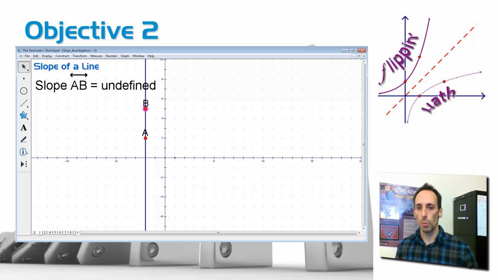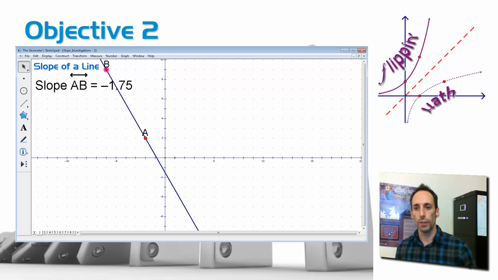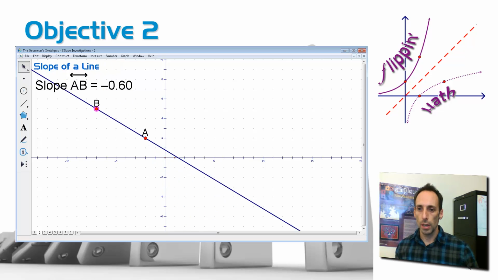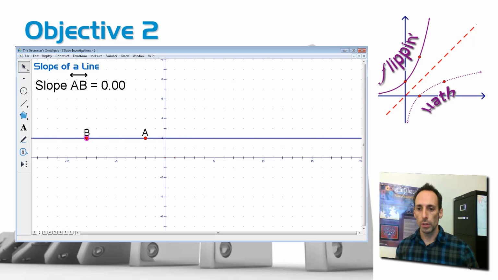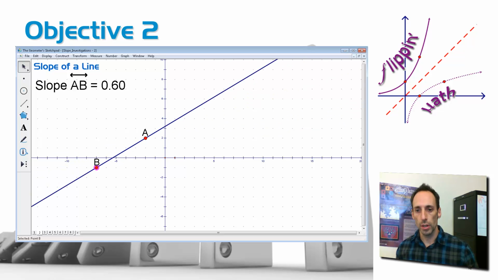Okay, so now we switch past vertical, and now it's negative again. But still, if it's however steep it is, doesn't matter if positive or negative, the steepness is a really large number, absolute value-wise. Okay, and then I get closer and closer to 0 as I make it more horizontal. And then once I flip it past horizontal, now it's positive again, and notice that it's going uphill.